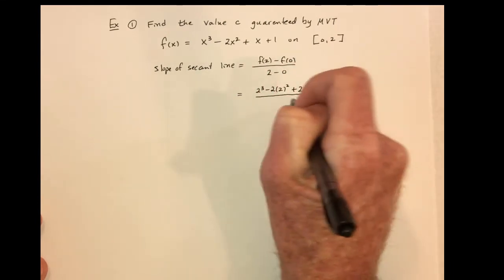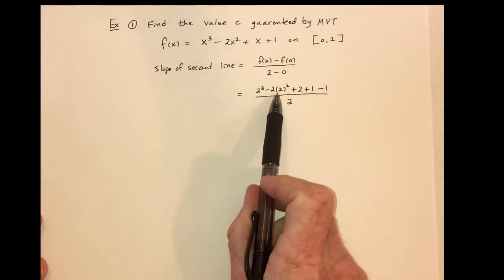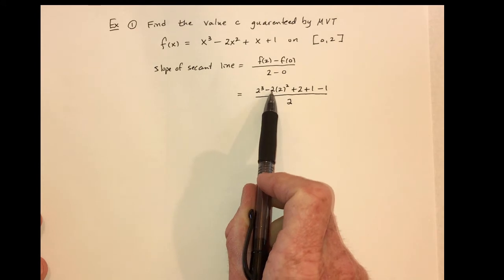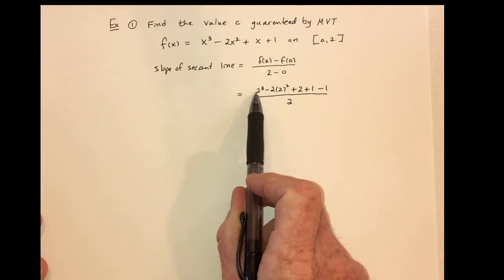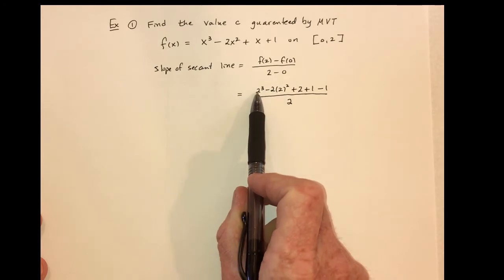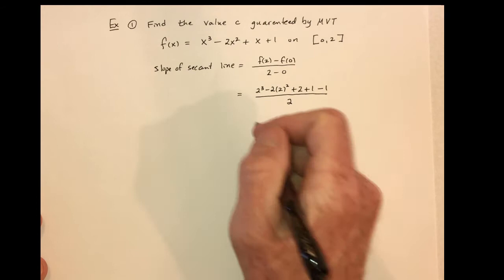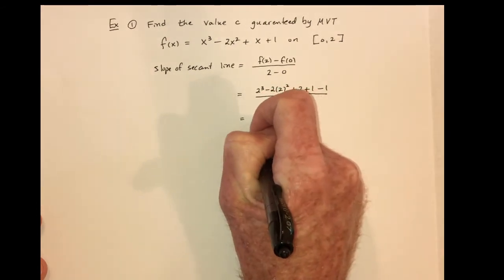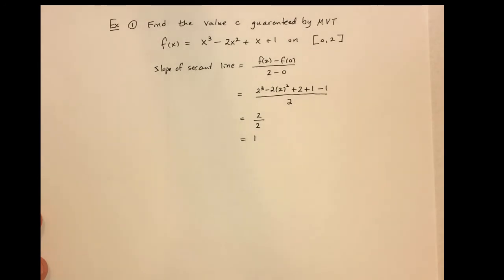And then the whole thing is divided by 2 minus 0. And then this is going to be 4 times 2, that's going to be 8, so that's going to make it a negative 8. This is a positive 8, so those two actually cancel each other out. And these two cancel each other out, so all that's left on the top is a 2. On the bottom is a 2, so it equals 1.